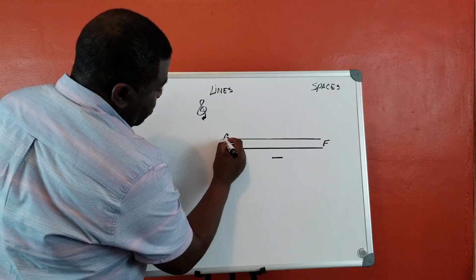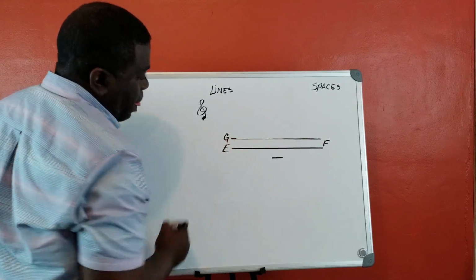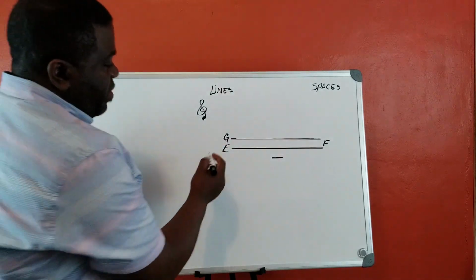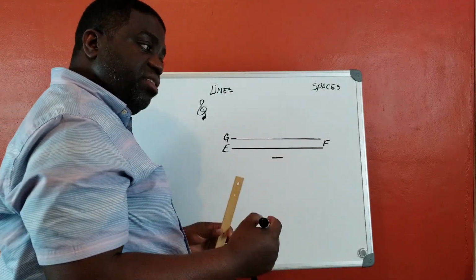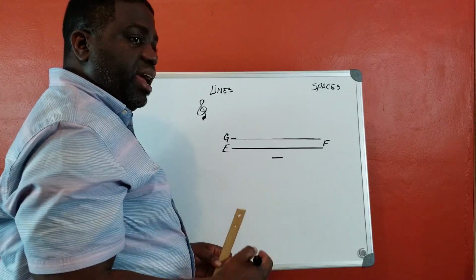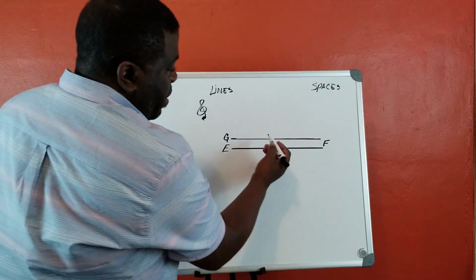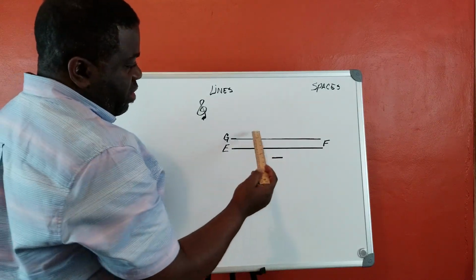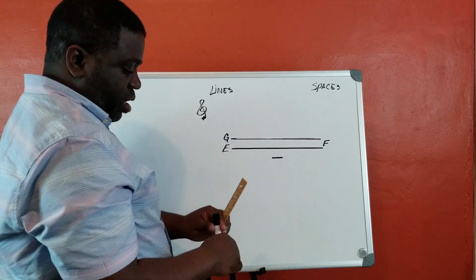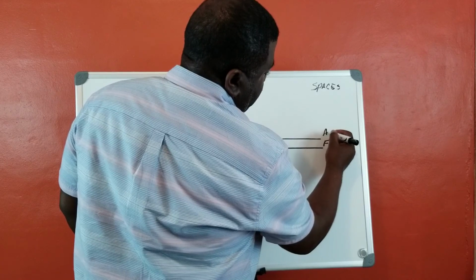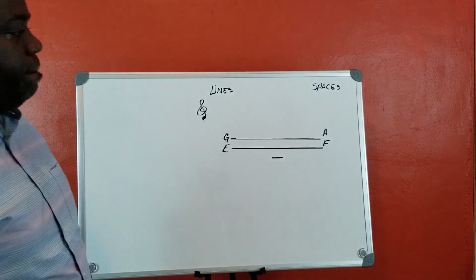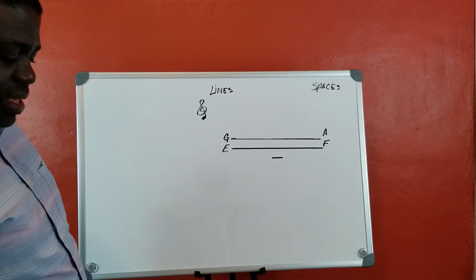Okay, so that is the G. And what comes after G, as we all know in the musical alphabet, once you get to G, you start at A again. So the space right above this G line would be called an A. See that? So that's an A.